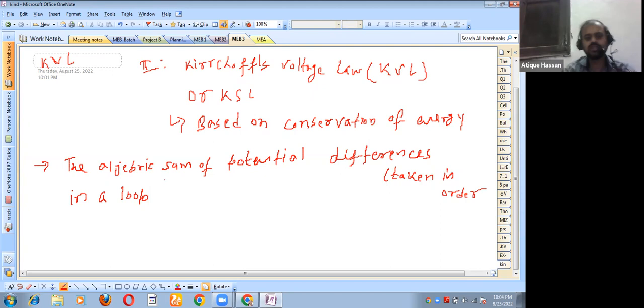So the algebraic sum of potential differences in a loop is 0. We will understand it by example. It says sigma V should be equal to 0.